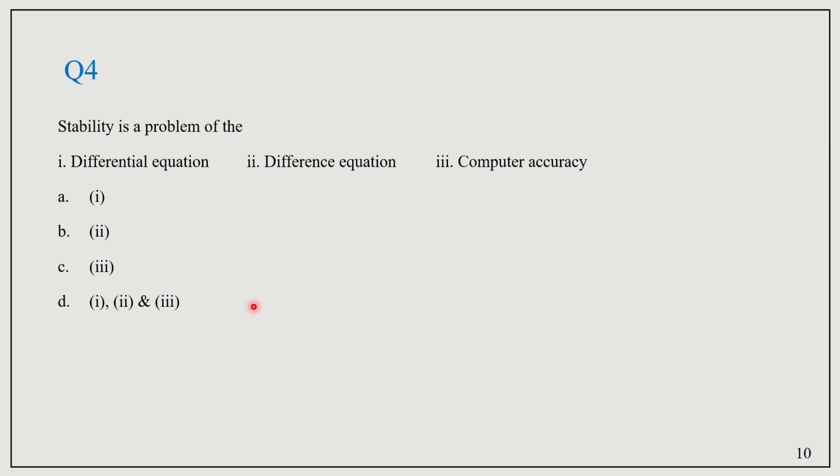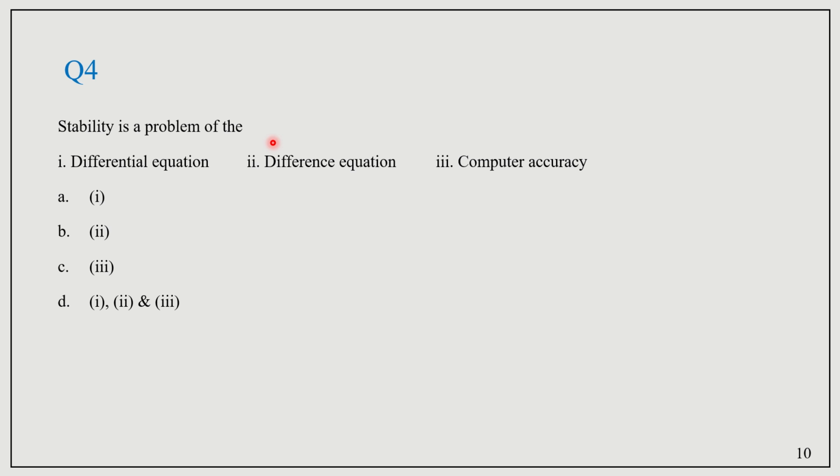So what exactly is asked in the question, we'll see. Stability is a problem of the dash. Stability is nothing but that the exact solution of the discretized equation and the computed solution remain close enough. It puts some constraint, so that we will get the solution if the system is stable.